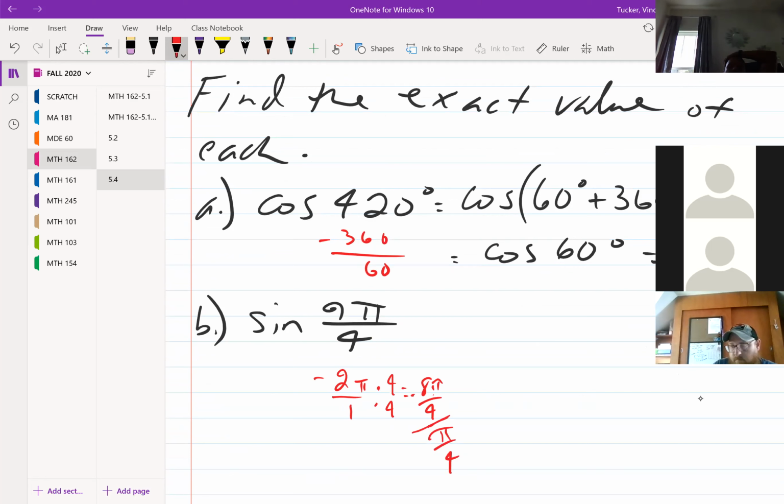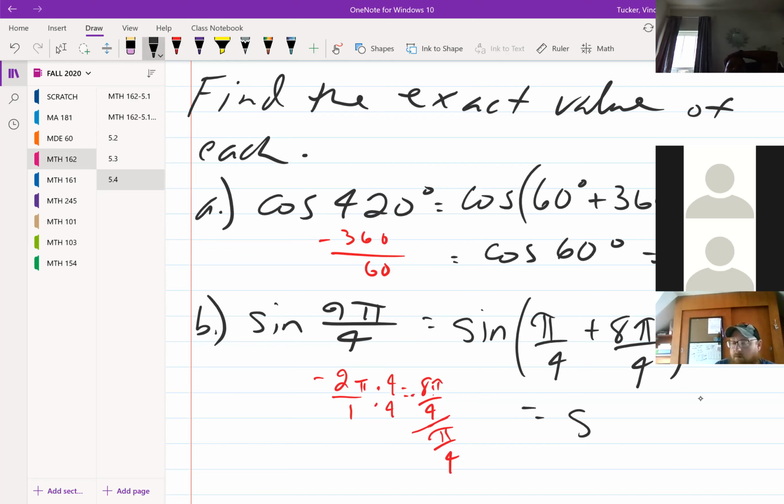That should be pi over 4. So sine pi over 4 is what we have now. Sine pi over 4 is the same thing as square root of 2 over 2.